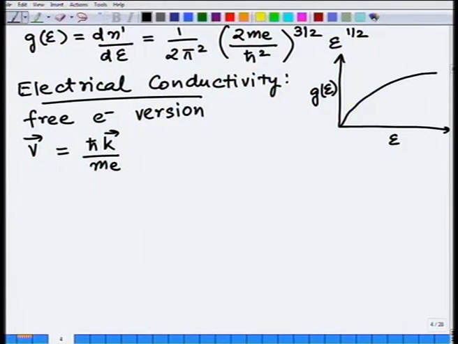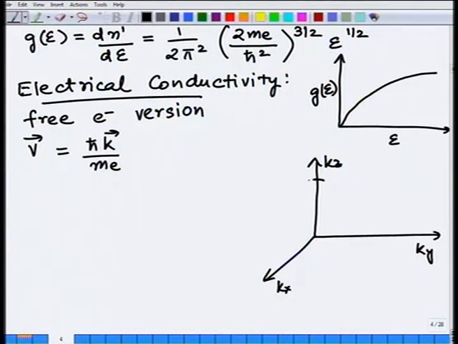Now, let us look at this. The way I am saying is that if you have all these k states, let us say kx, ky, kz, and there is a sphere up to which electrons are all filling up. All these electrons are filling up to this kf, and this is what kf is.